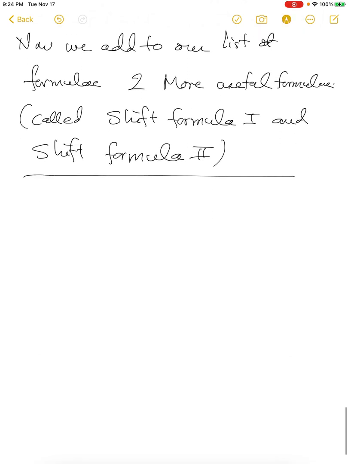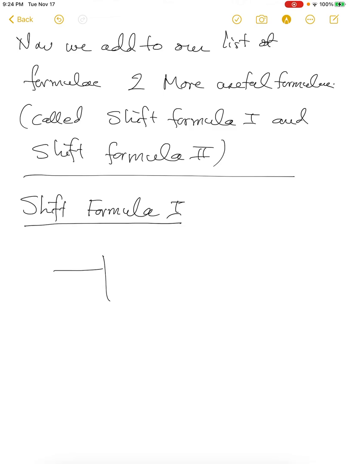So let me begin with shift formula 1. Again I draw this picture of this box L. If you take a function f and multiply it by e to the at and pass it through the box, then what comes out is L(f) not at s but at s minus a.